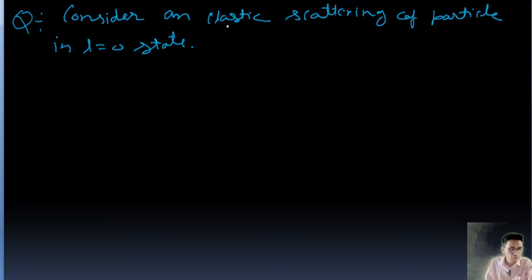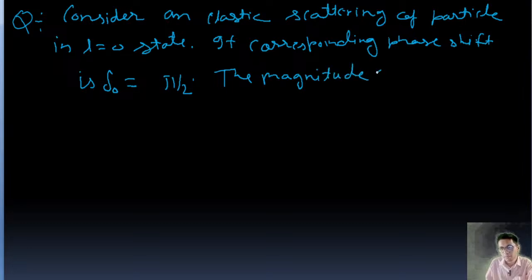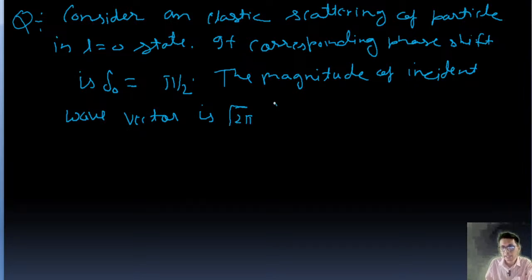If the corresponding phase shift, delta naught, is pi by 2, and the magnitude of the incident wave vector is root 2 pi Fermi inverse.